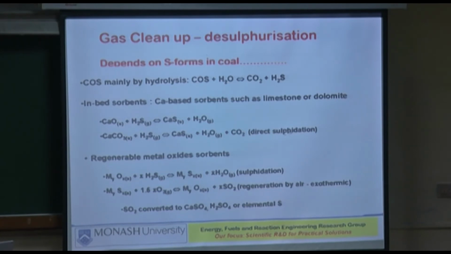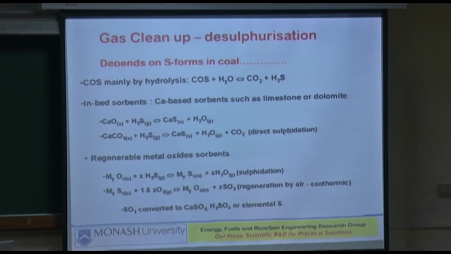One of the reasons for going away from calcium oxide based to metal solvents: calcium oxide is cheap, but the problem with calcium oxide is that it's not 100% efficient. If you are getting about 60% efficiency of capture, you're doing well. If you're getting 70 to 80, you are doing exceptionally well.